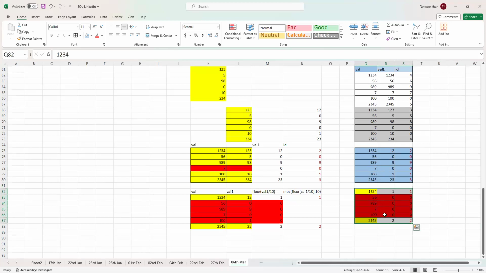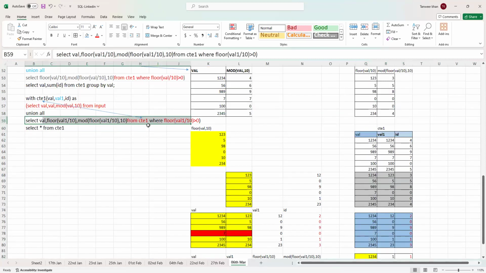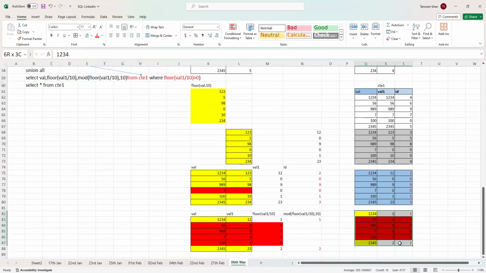Now this is the new set of data. Again this recursive CTE will be executed from CT1. Now this is the current data. In this data, you are again checking floor of val 1 comma 10. Now you guys tell me what all records are satisfying floor of val 1 comma 10 here?